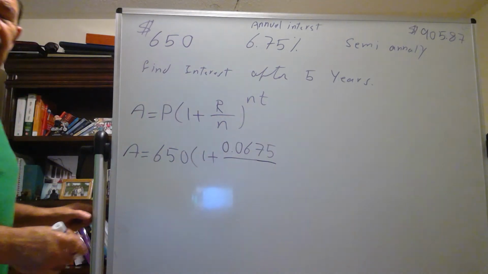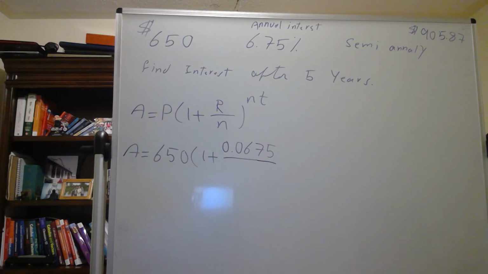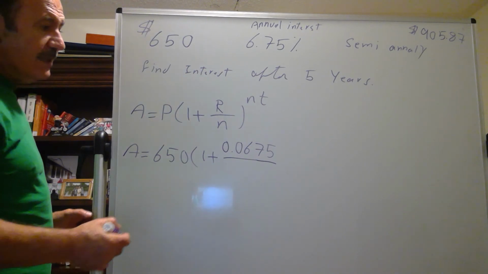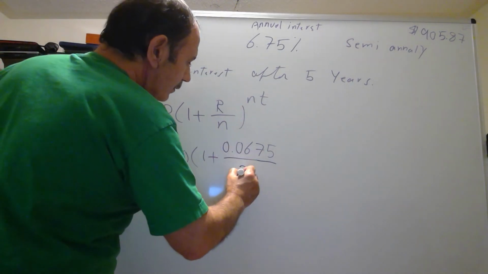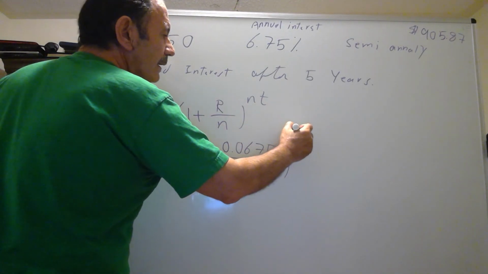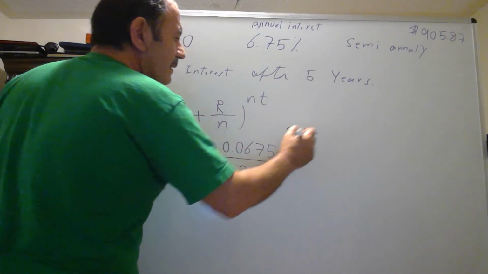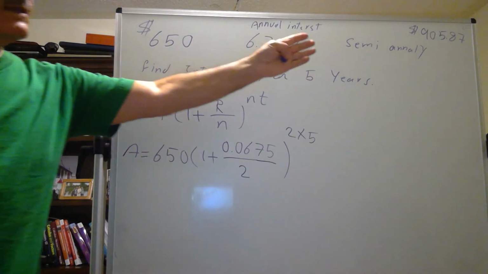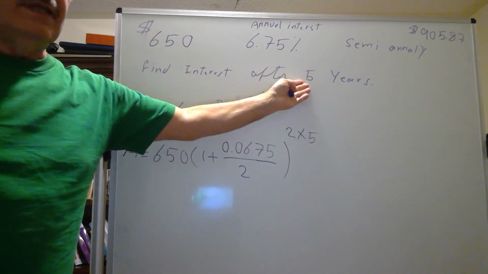Because it's semi-annually, how many times am I calculating the interest per year? Twice. Semi means every 6 months. So n is 2, to the power of n again is 2, and t is 5 years. After 5 years.